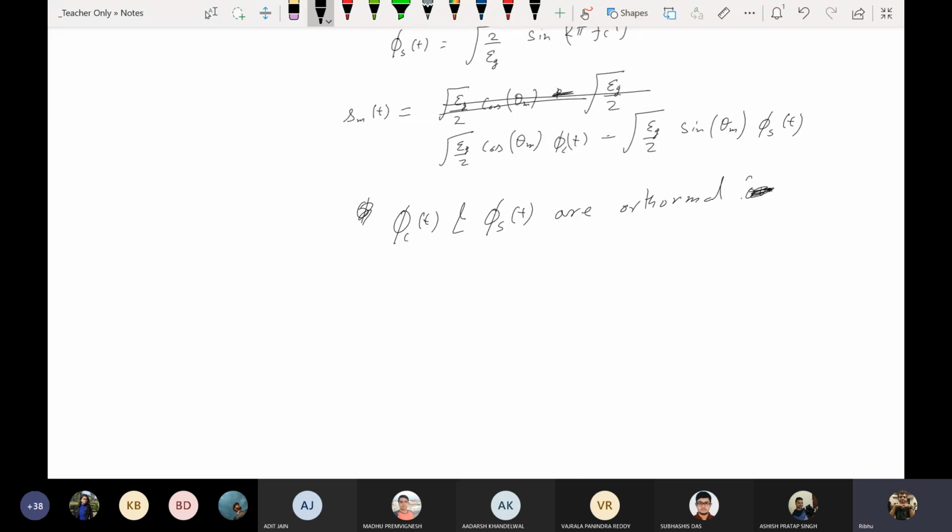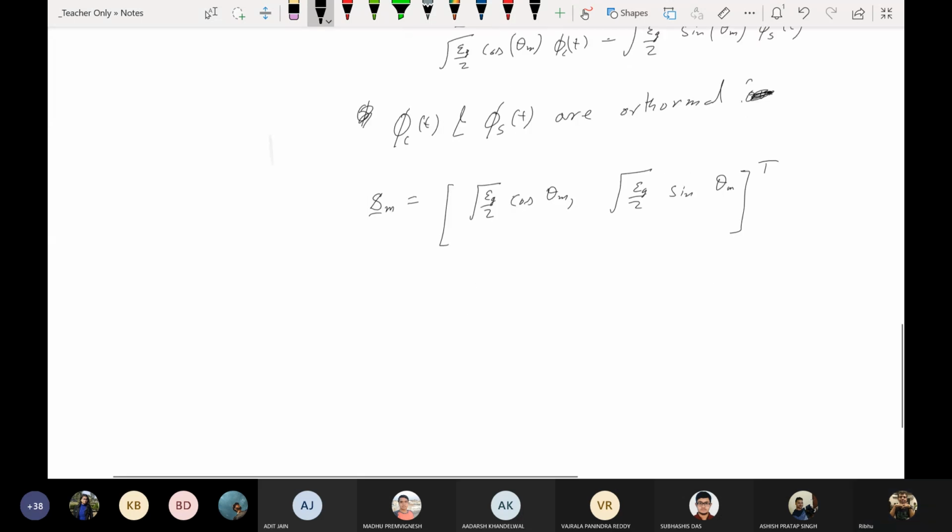So s_m, the signal vector, becomes root of E_g by 2 cos θ_m, root of E_g by 2 sin θ_m. Fine.